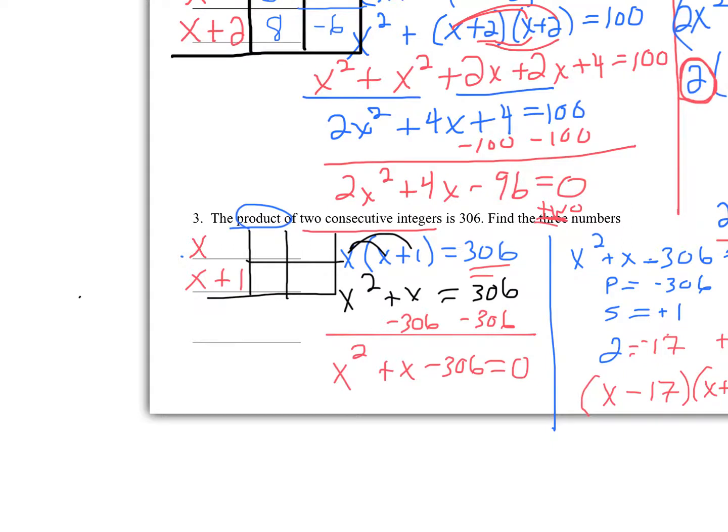Okay, so in our data table, we're going to have 17, negative 18. Okay, and then just do this up. 17 plus 1 is 18. Negative 18 plus 1 is negative 17. And there is our data table.